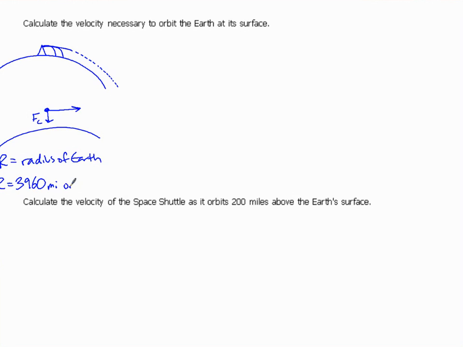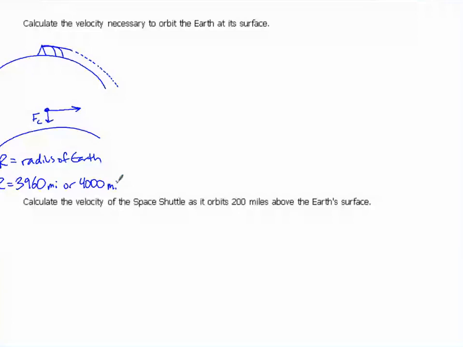But we'll just round it for now and say 4,000 miles. So there's a little bit of math involved here, and I'll run us through it. But really what you want to know is how to do this without all the math proof, basically.